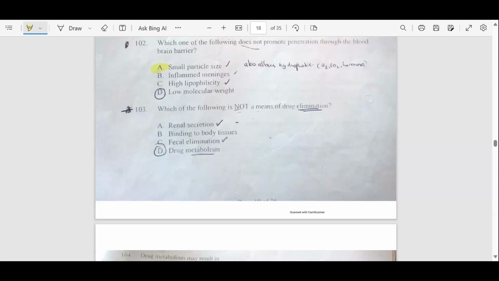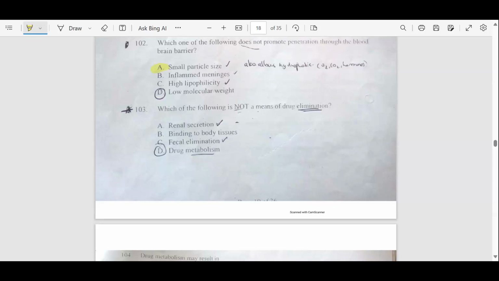So smaller molecules can more easily pass through the BBB than larger molecules. We have the charge. So neutral molecules, or those with a slight positive charge, may have an easier time crossing the BBB, while highly charged molecules are repelled.